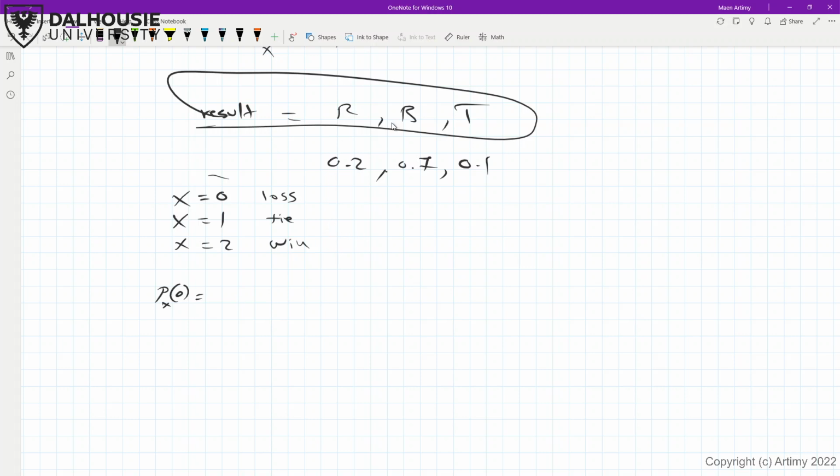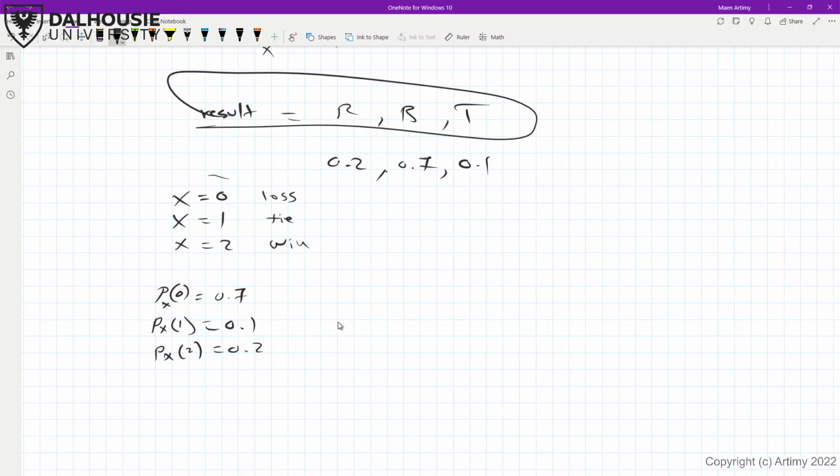If I look at it from the perspective of the red team, their probability of loss is 0.7 because the blue team wins. The probability of them tying is 0.1, and the probability of them winning is 0.2, right?